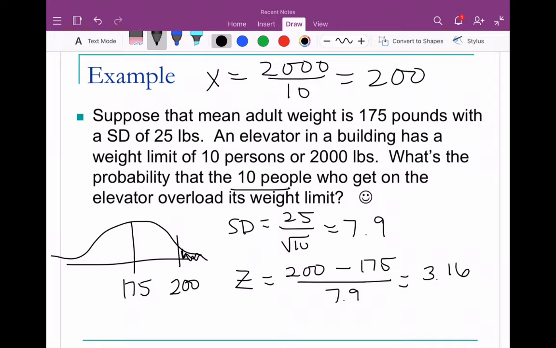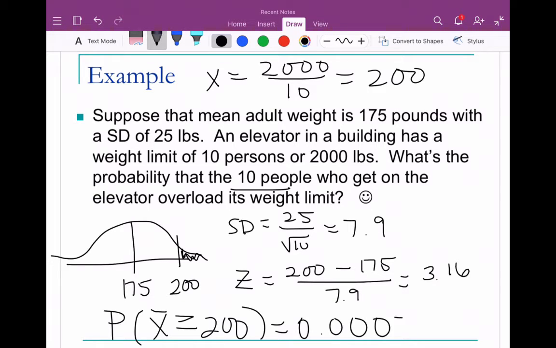But then if we do calculate the probability, the probability that the average person weighs more than or equal to 200 pounds is equal to 0.000789. That's actually 0.0789% of the time, so it is not very likely.